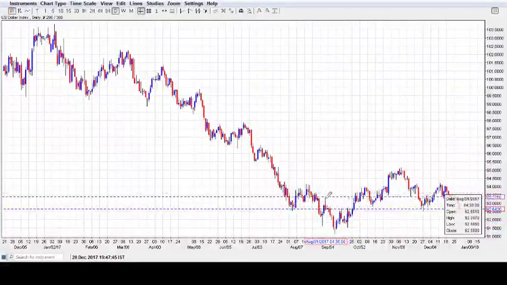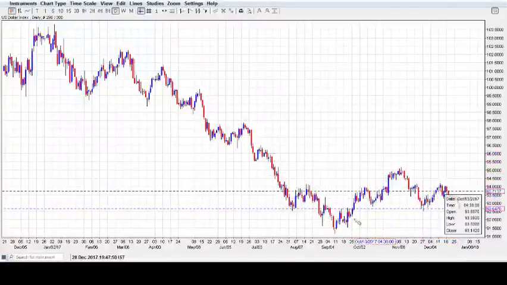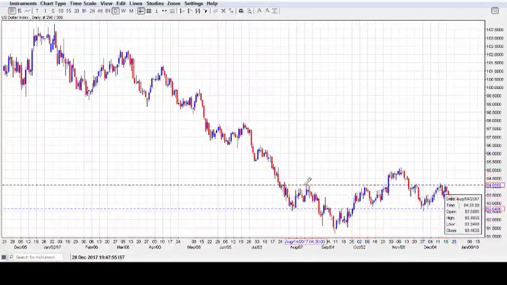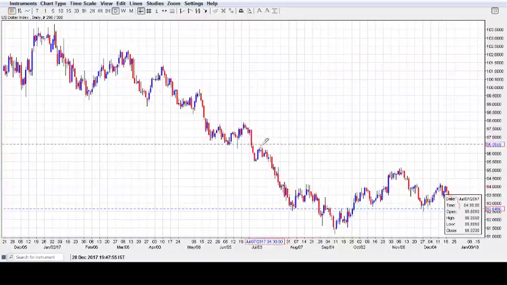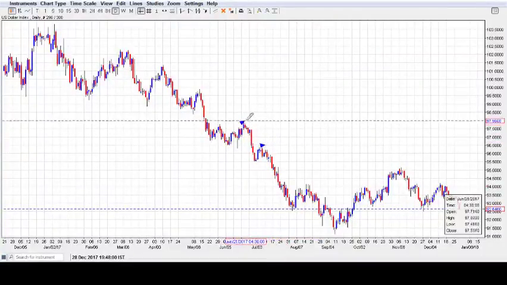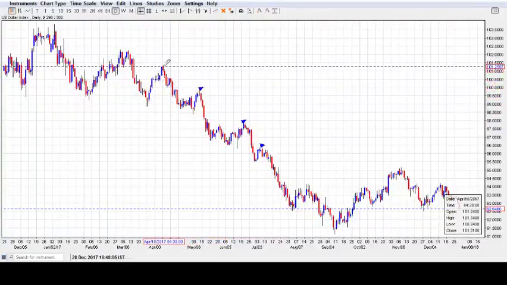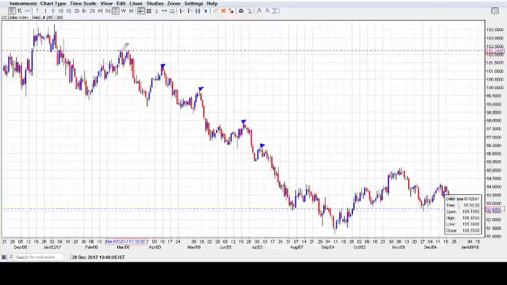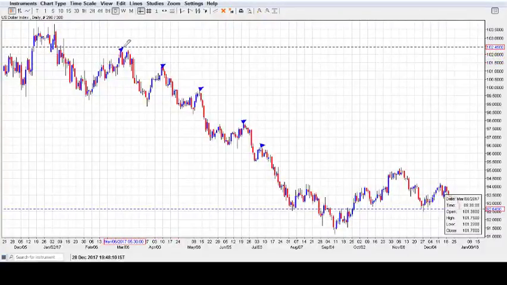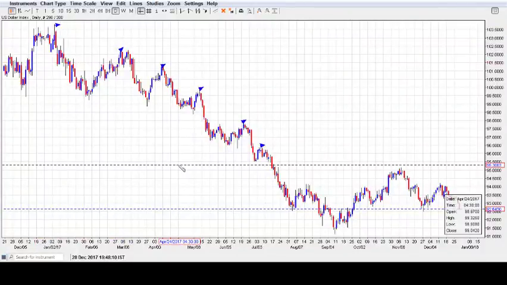So my markup would have been this one and that one, but they have been already broken. You see on the right hand side, so no point in marking them up right now. Let's begin from here. R1, R2, R3, R4, R5, and R6. Is that okay?